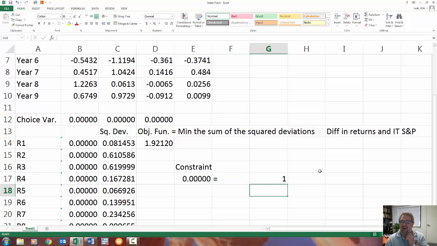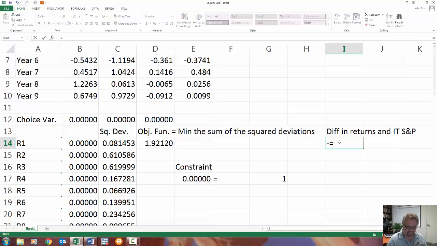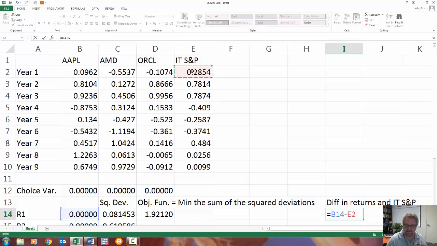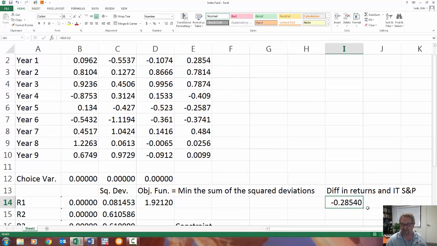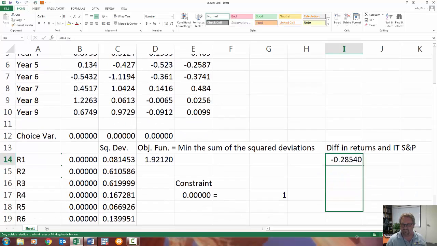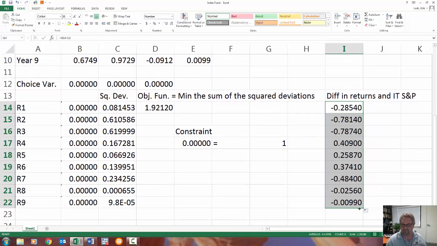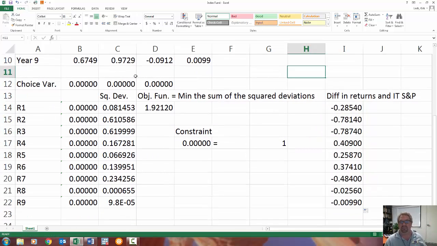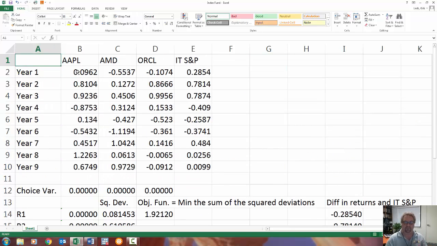All right, there you go. And then I like to do this. You don't have to, and this is not part of the problem, but I do like to take a look at the difference in the returns relative to my index. So all that is my return minus my index, and really, it just tells me how close I am in each scenario. Okay. At any rate, there you go. That's all you need to do to run this problem.